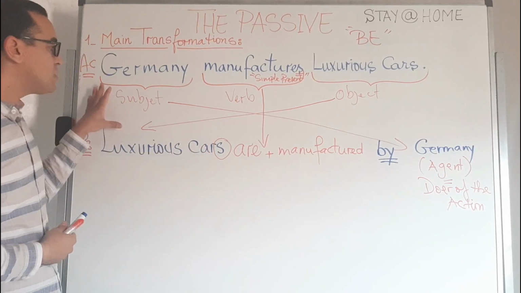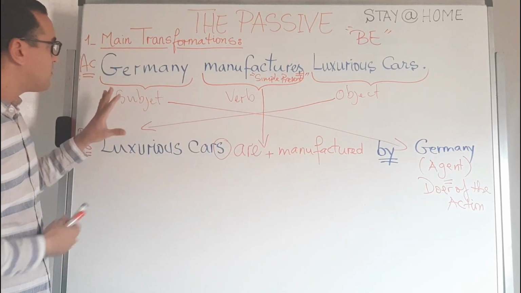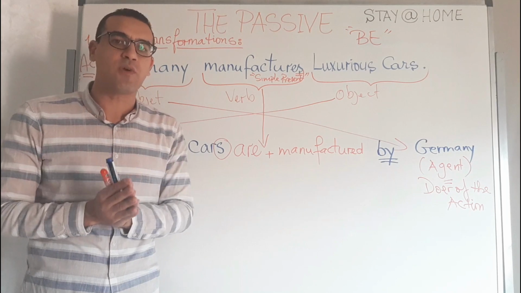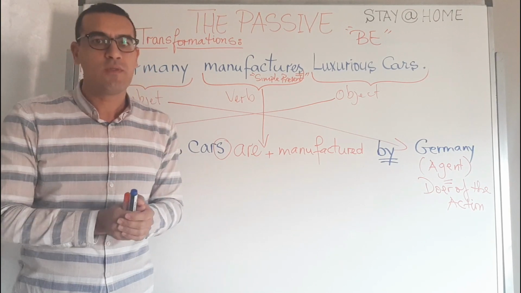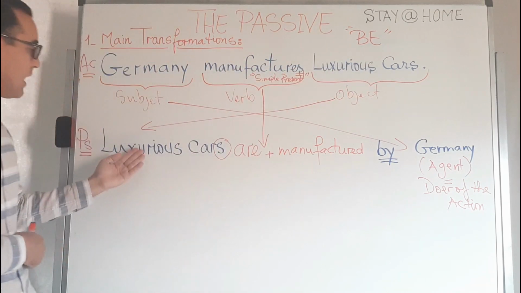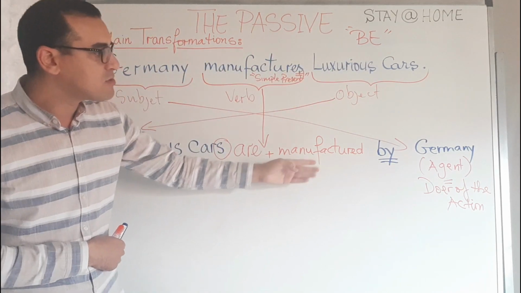So if you respect the following procedures, then you will not have any problems with transforming sentences from the active into the passive. We have seen the example. Germany manufactures luxurious cars. Luxurious cars are manufactured by Germany.